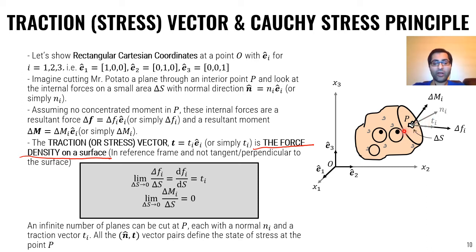So we can define vector pairs of the normal vector and the traction or stress exerted at those surfaces for any point inside the body. These vector pairs define the state of the stress at a point P.